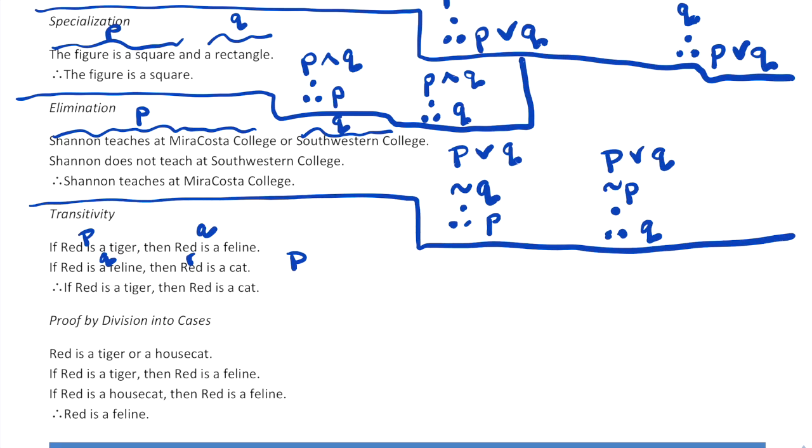An if-then statement, and that's P implies Q, right? Well, the second line is saying that Q, if red is a feline, then red is a cat. So Q implies R. Well, going with transitivity, we would have therefore P also implies R. Okay?